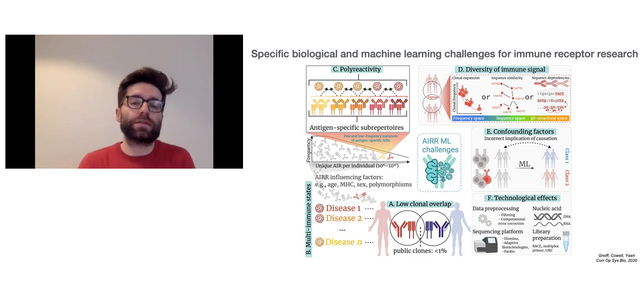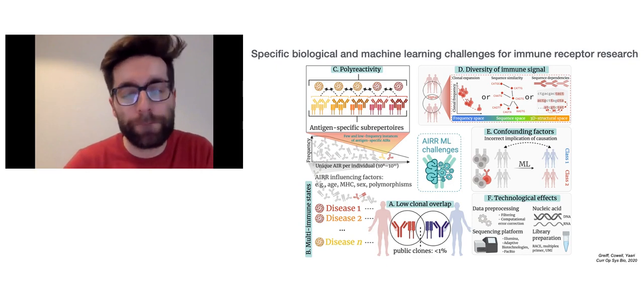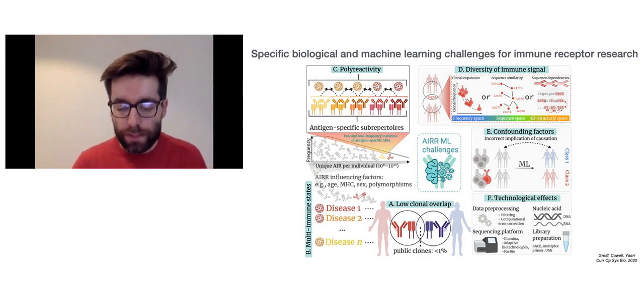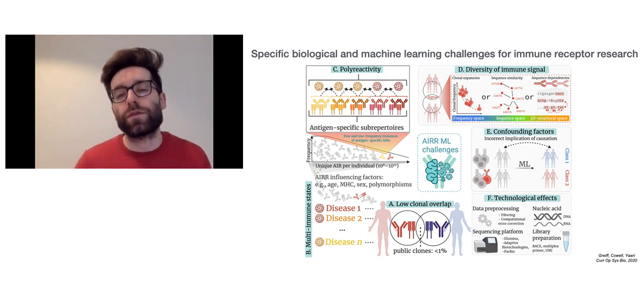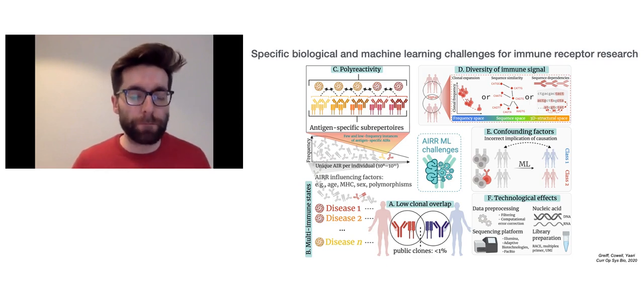I think this is the more interesting slide, where we detailed the many things that make machine learning on adaptive immune receptor repertoires or sequences especially hard. One thing is the low clonal overlap, or even a low subsequence overlap across individuals.